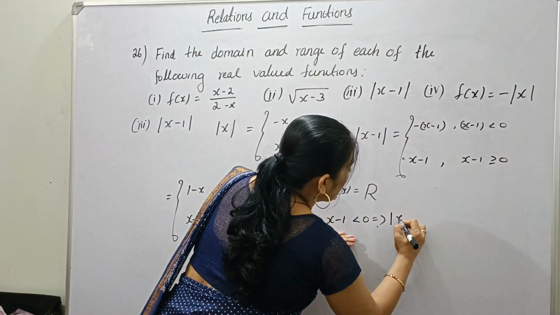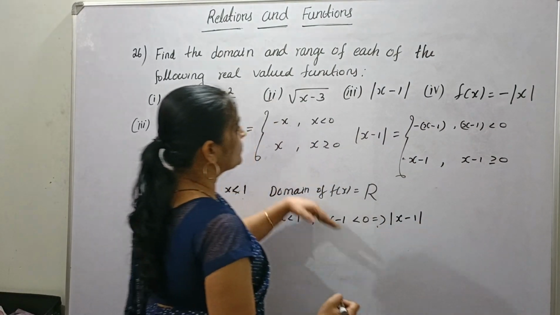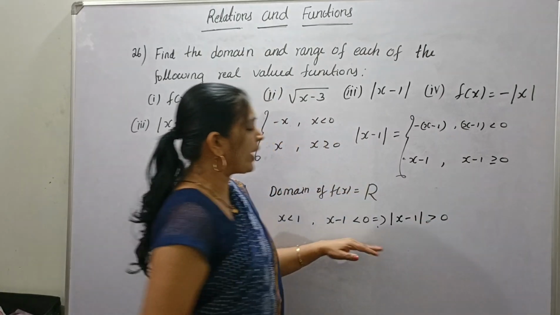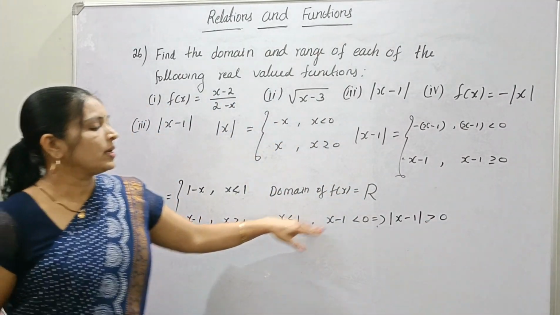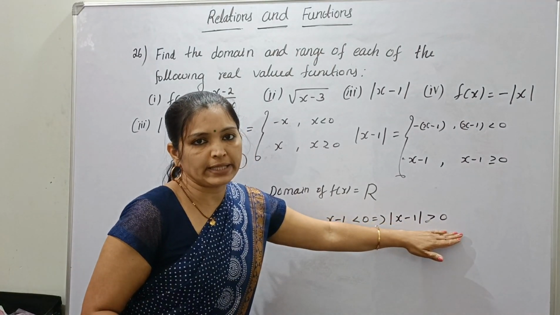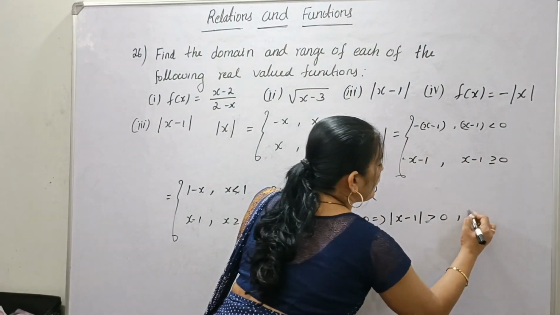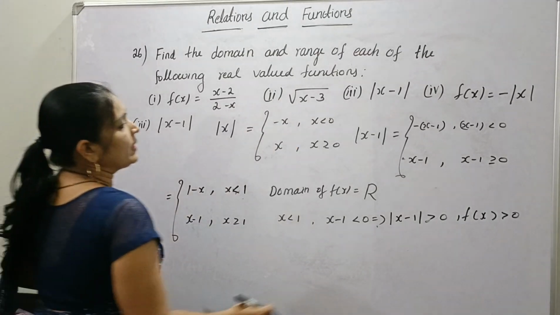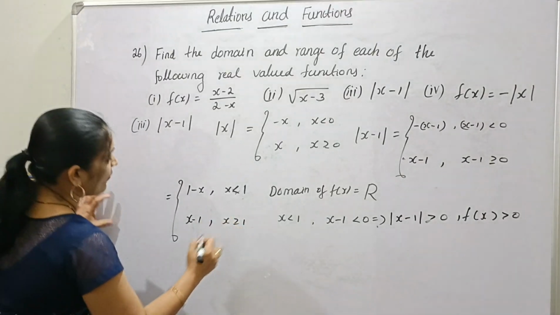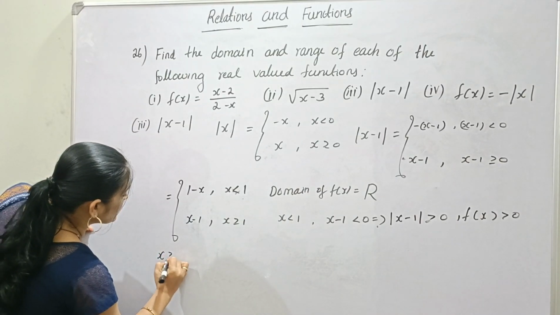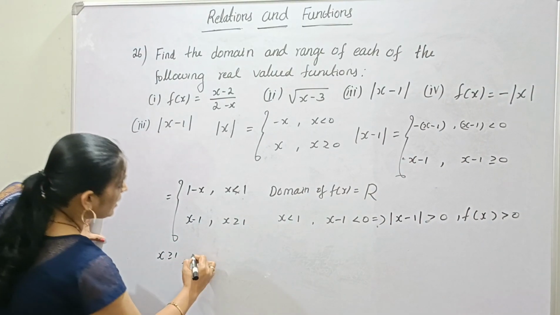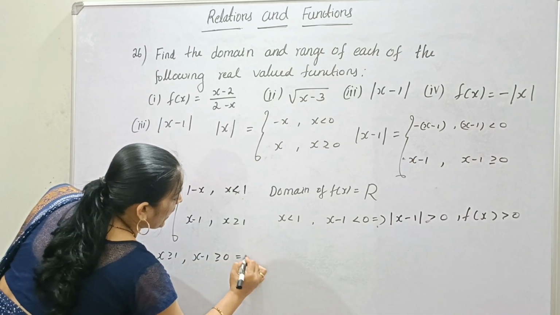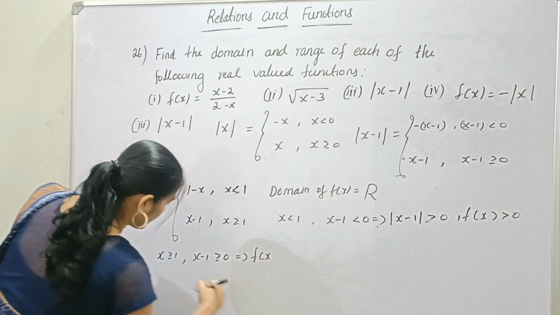So when x is less than 1, modulus x minus 1 is greater than 0, that is f of x is greater than 0. Next, when x is greater than or equal to 1, x minus 1 is greater than or equal to 0.